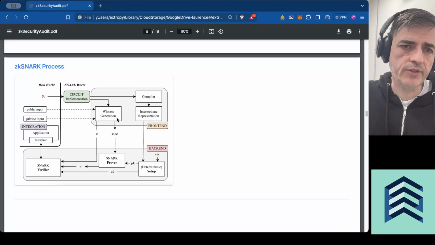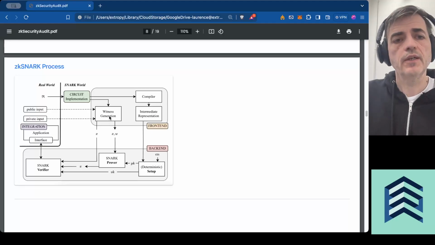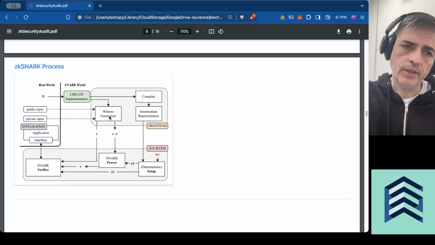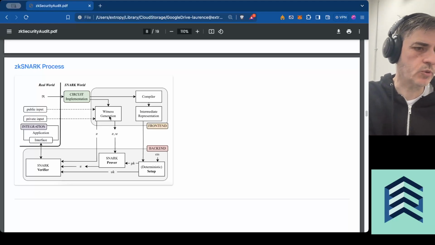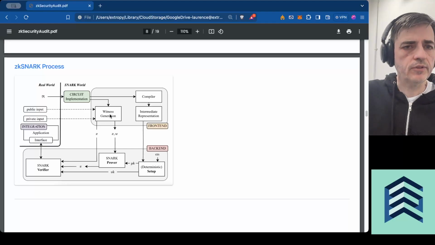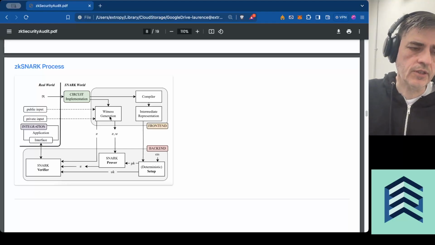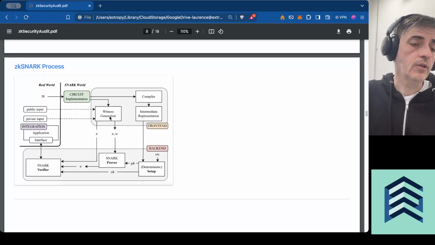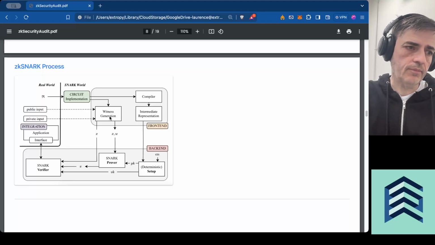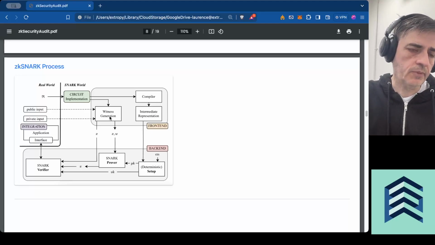So this is why we have this box called witness generation. So we have our inputs to the system, the inputs we're going to use as the basis of our proof. And we do this witness generation. The reason this has its own box here is because this part can be quite complex, particularly if the witness, for example, is the details of some program that is run, some execution.